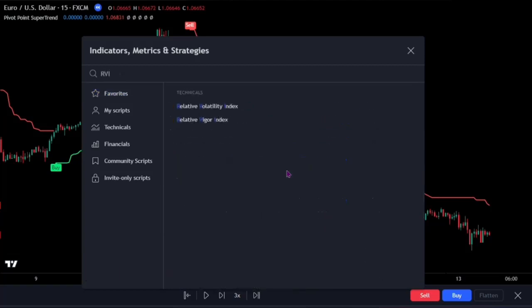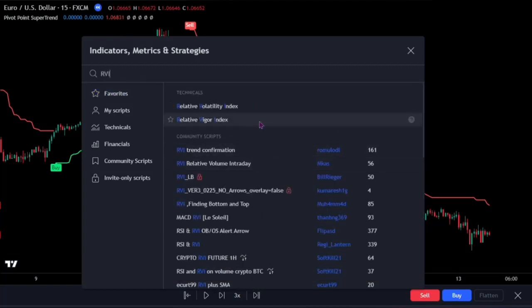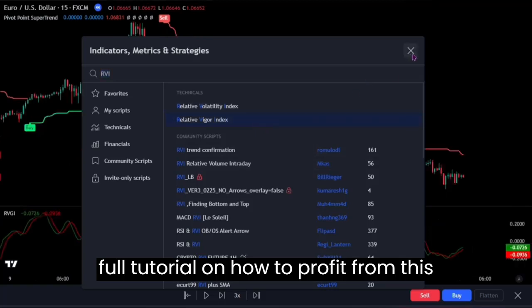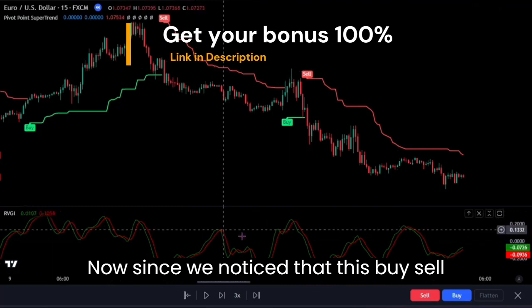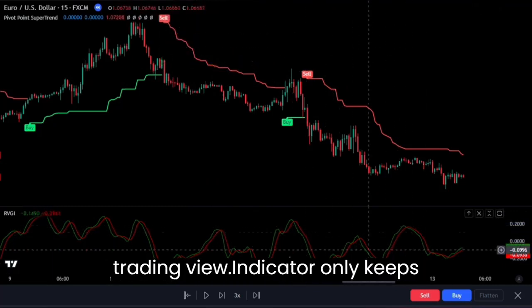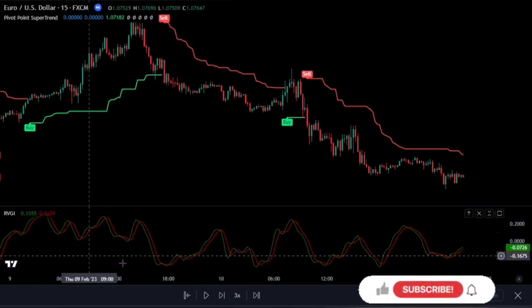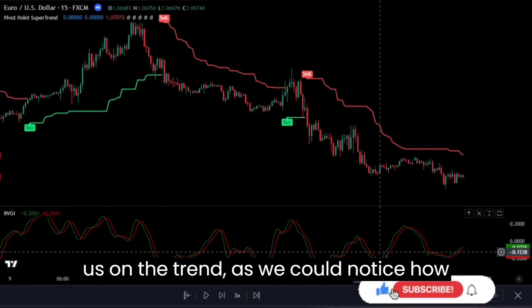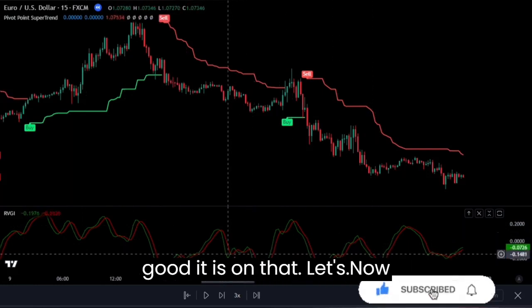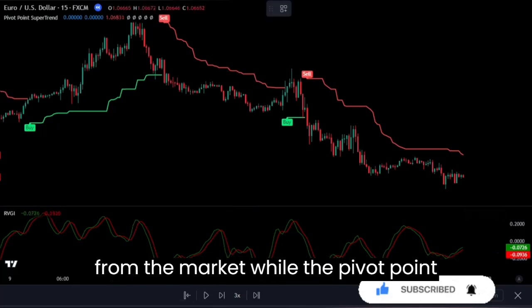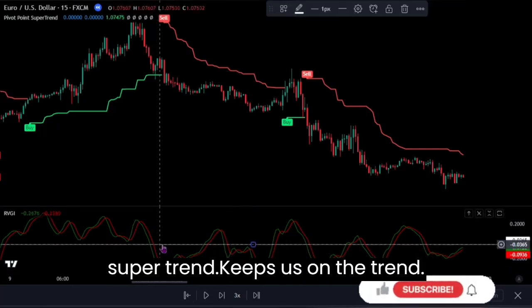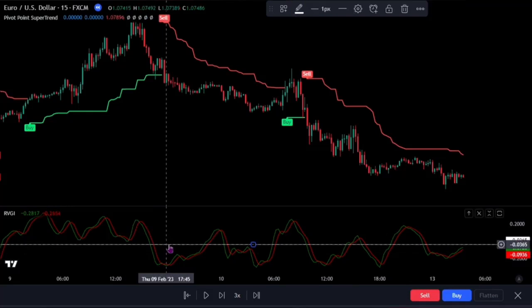But they are pretty good as well, as we would be doing a full tutorial on how to profit from this indicator later in the future. Now, since we noticed that this buy-sell TradingView indicator only keeps us on the trend, as we could notice how good it is on that, let's now add another indicator to better profit from the market while the Pivot Point Supertrend keeps us on the trend.